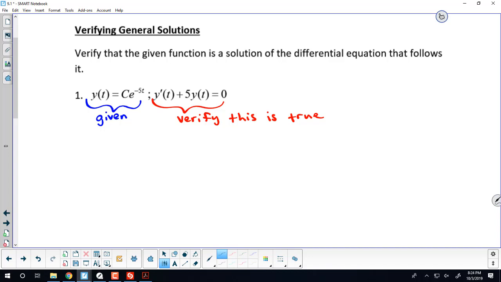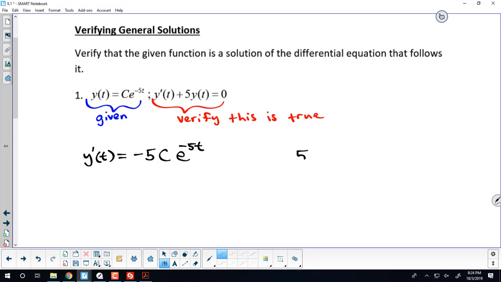So we have a y prime, which means we need to compute y prime. We have negative 5c e to the negative 5t as y prime. Then we're wondering, if we add 5 times the original function and add those two equations together, do we get 0?